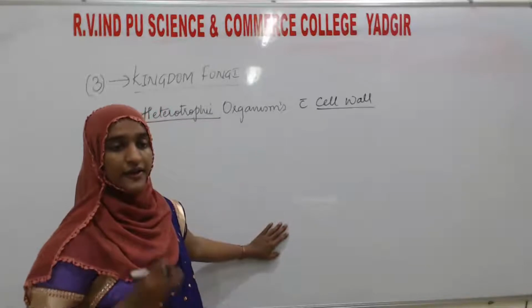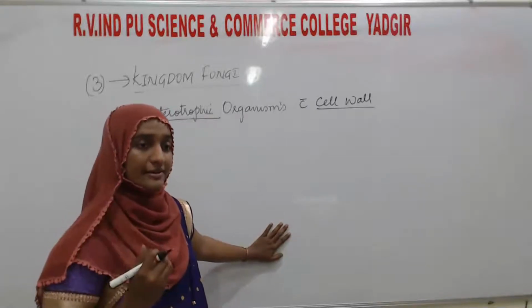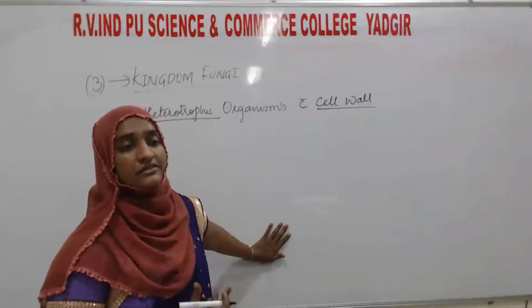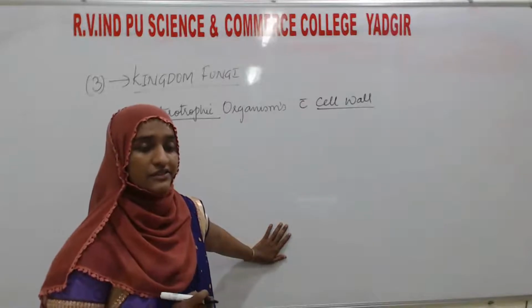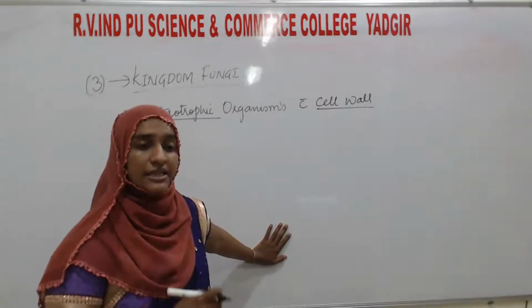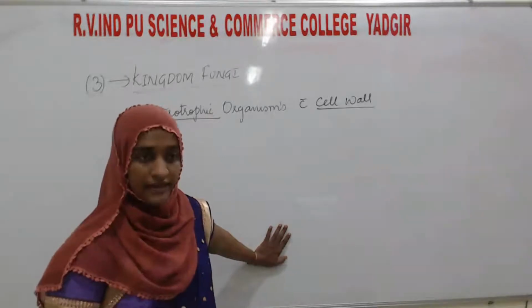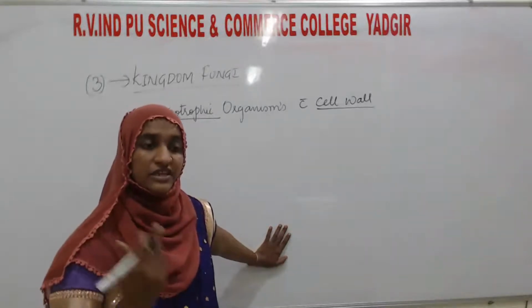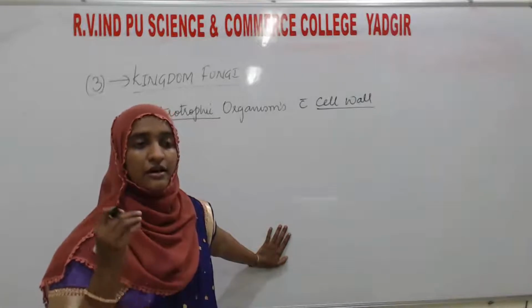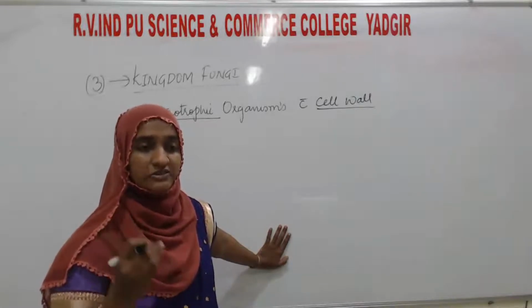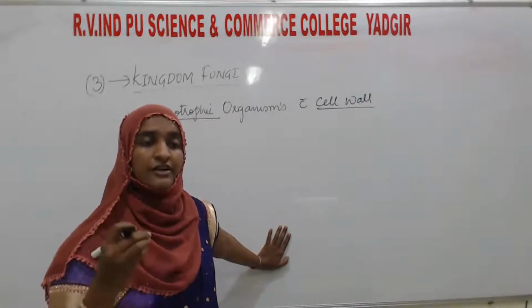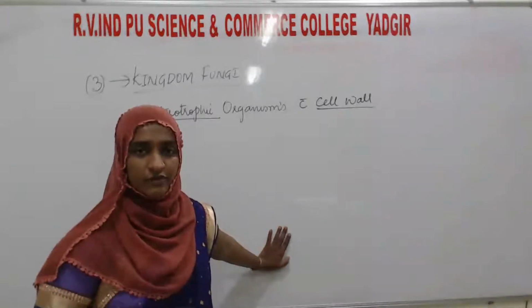Fungi show a great diversity, means you can see different varieties of fungi, great diversity in morphology and in their habitat, means they can grow in any area. Diversity means in different areas, as well as morphology means their size, structure, shape and all, it will be differing in different types of fungi.